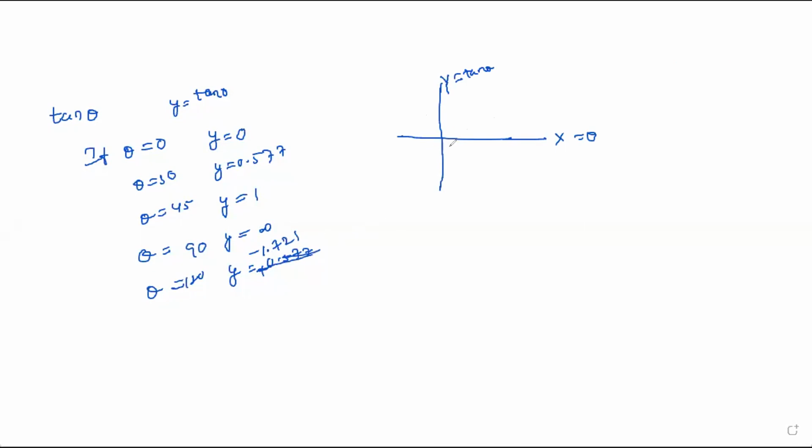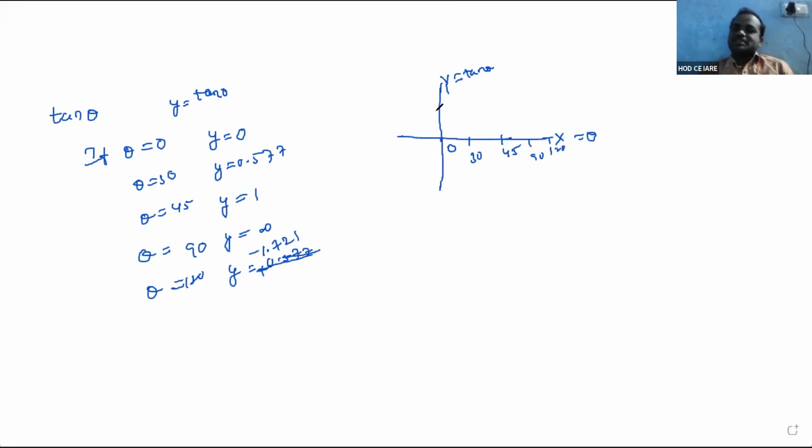So this x-axis is theta degrees and the y-axis is the tan values. So tan 0, 30 degrees, 45, 90, 120. Okay. So you can give 1, 2, 3, like up to infinity.